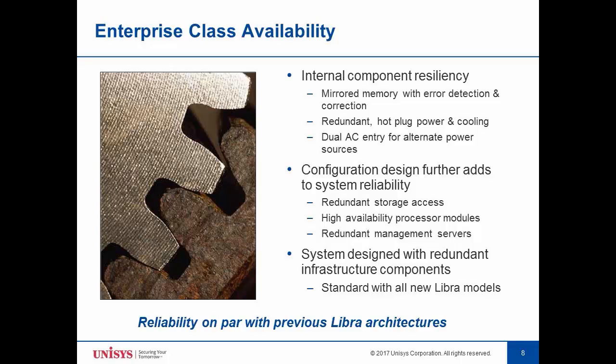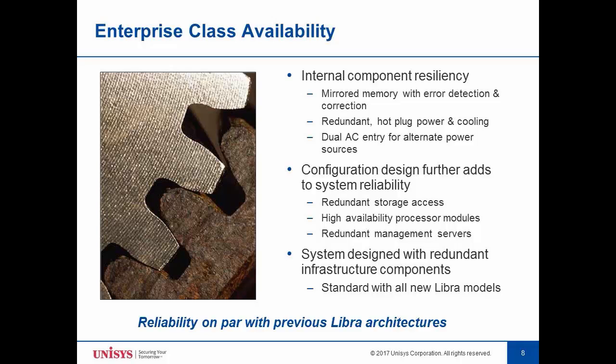Things like mirrored disk, things like mirrored memory and RAID disk, things like multiple power supplies and cooling attributes. We take those components then and build them into a system, and as part of that configuration, we make sure that we have redundancy for these components. So there's redundant I/O processors as part of the Libra system.